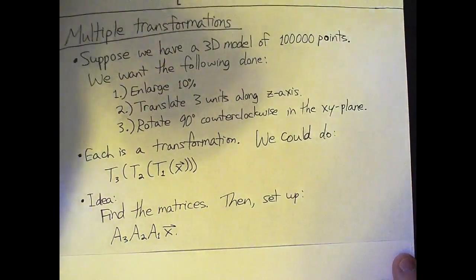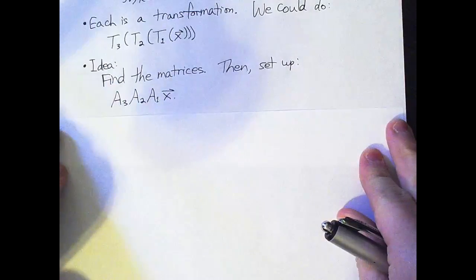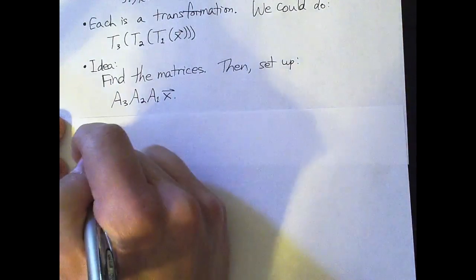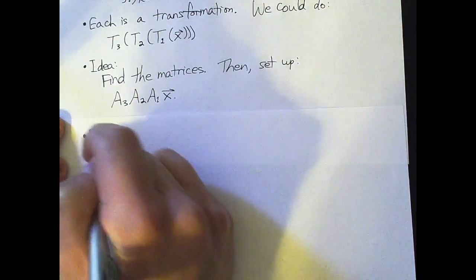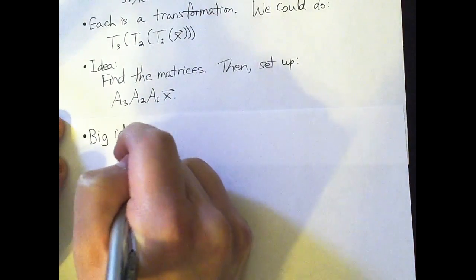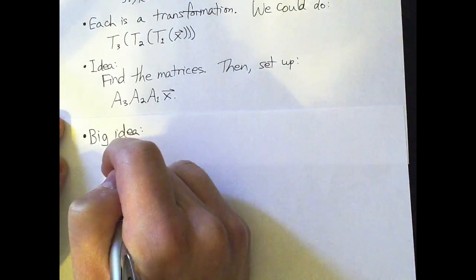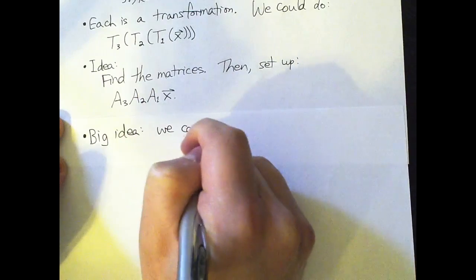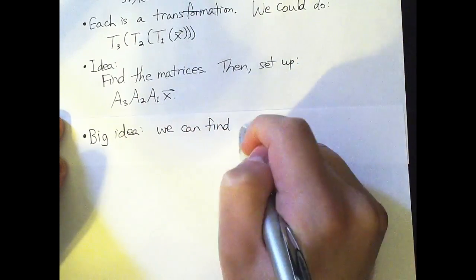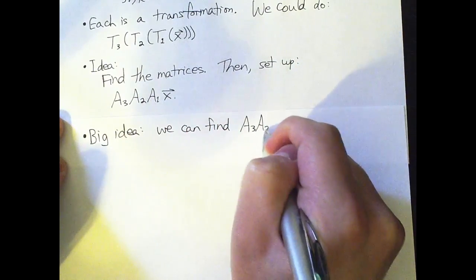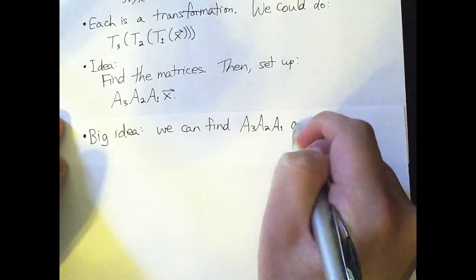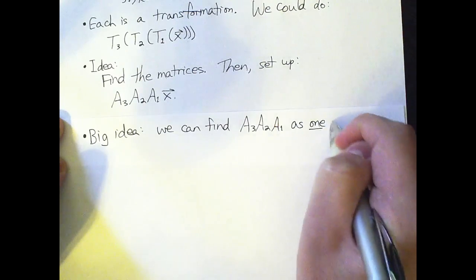And that would do all 3 of the things that I wanted done. Here's a big idea. We can find A3, A2, A1 as one matrix.